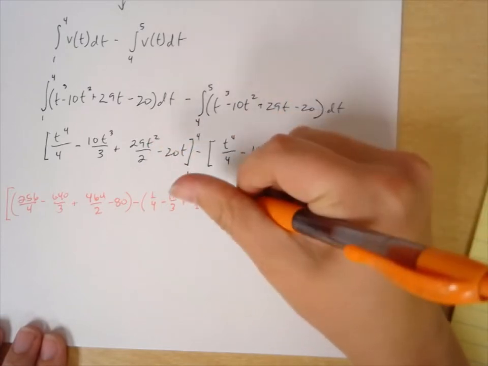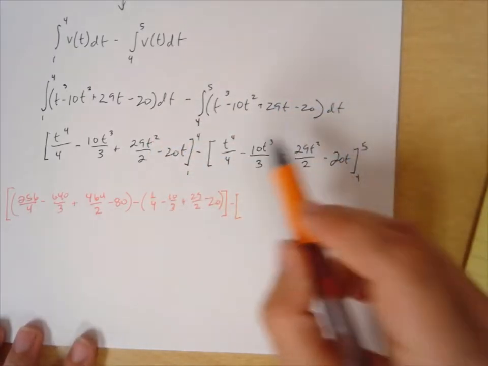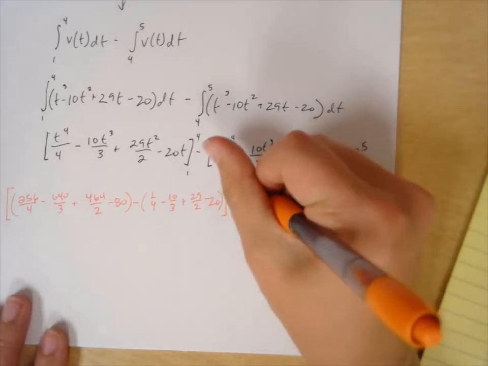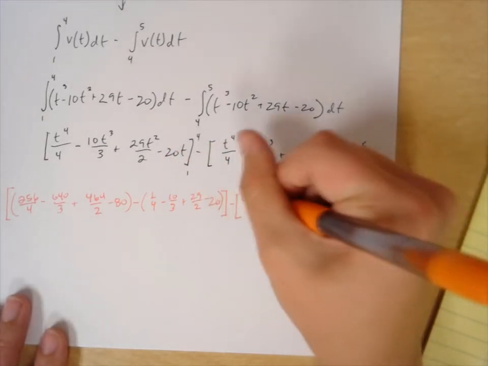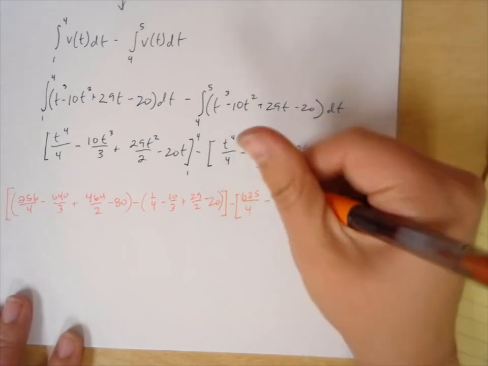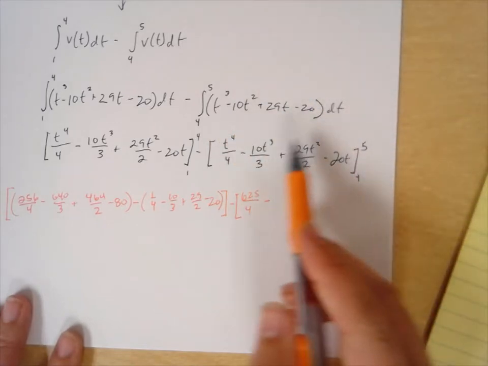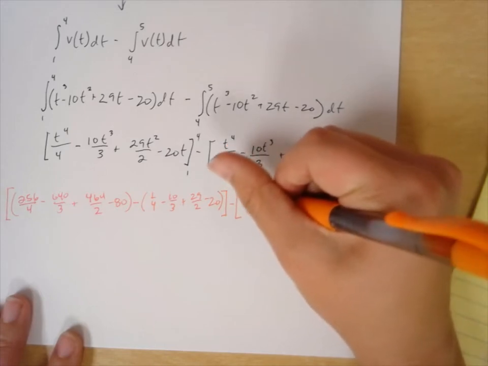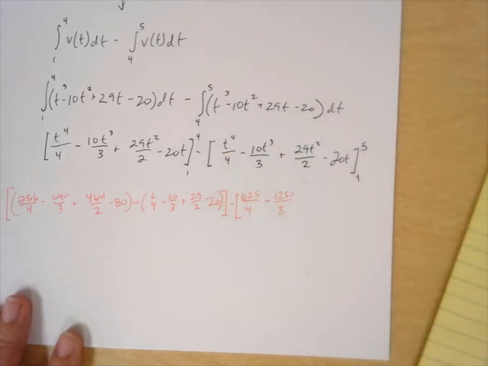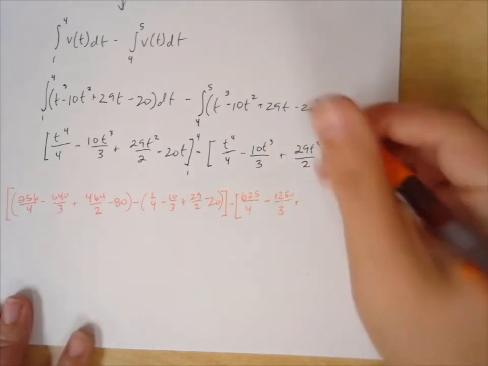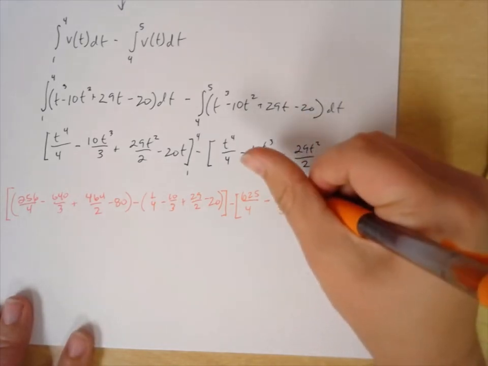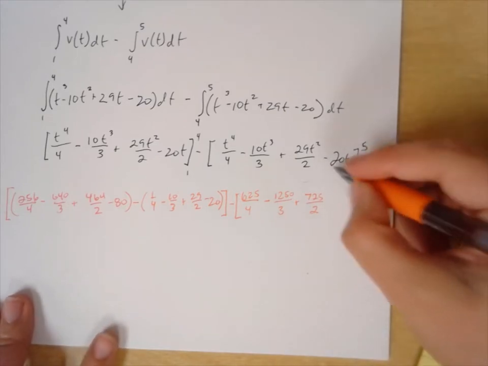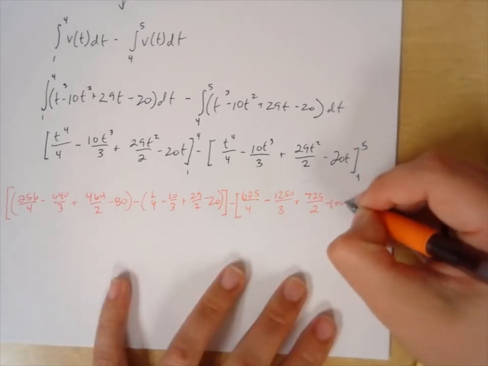And I say minus everything in here when I substitute a 5 is going to look like 625 over 4 minus 125, right? 5 cubed is 125. 125 times 10 is 1,250 over 3. And then I have plus 25 times 29 gets me 725 over 2. And then lastly, 5 times negative 20 is going to be negative 100.